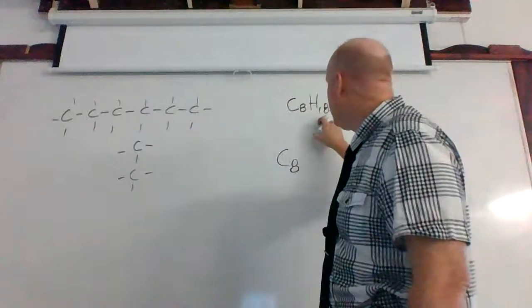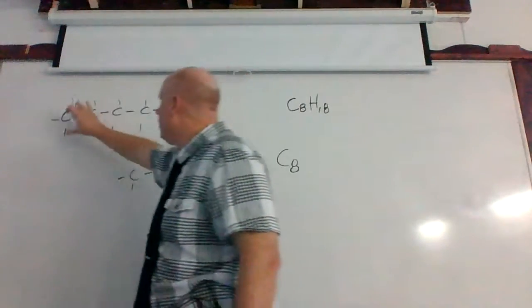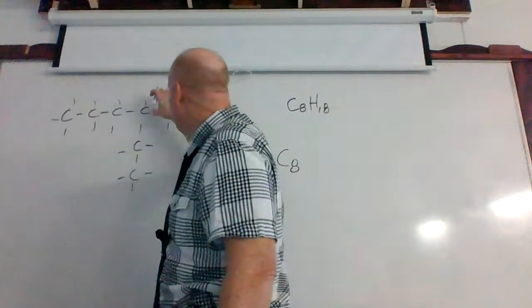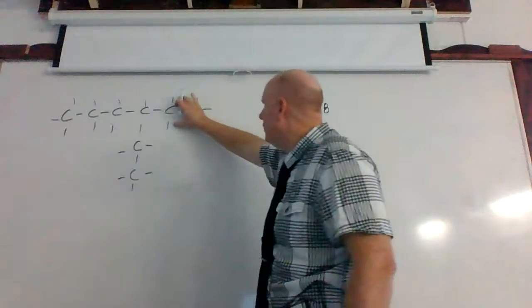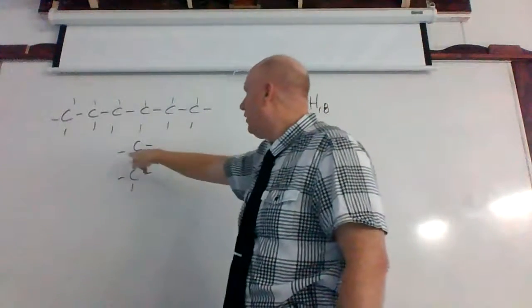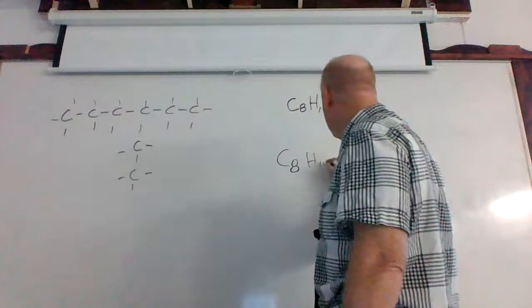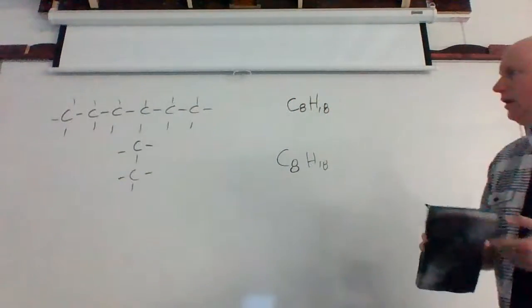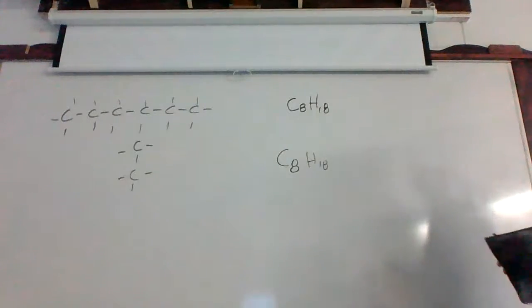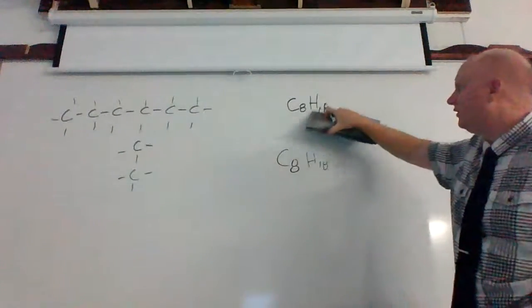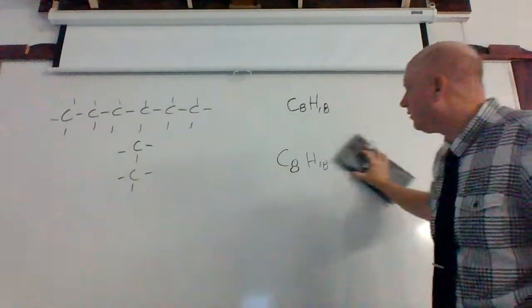And then we should have 18 hydrogens: 3, 5, 7, 8, 10, 13, 15, and 3 more gives you 18. So that's also an isomer. It's got the same molecular formula as octane, but it's a different structure.